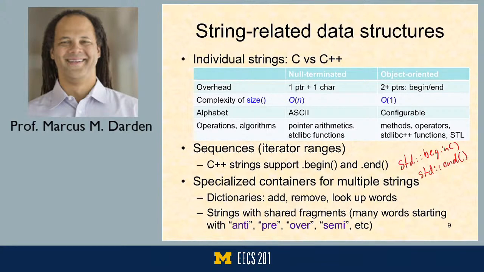As we look at more string-related data structures, we have some specialized containers. Dictionaries allow us to add and look up words, remove them. Those work out for storing strings. Other things that we might use, we can share strings with shared fragments.